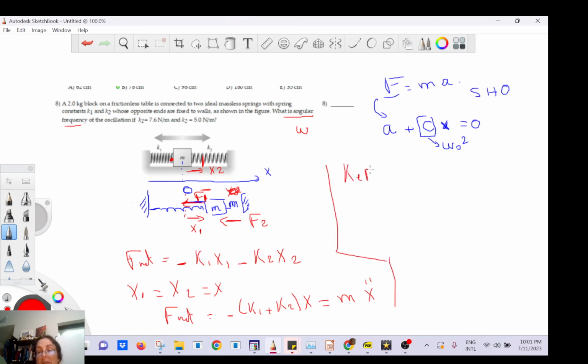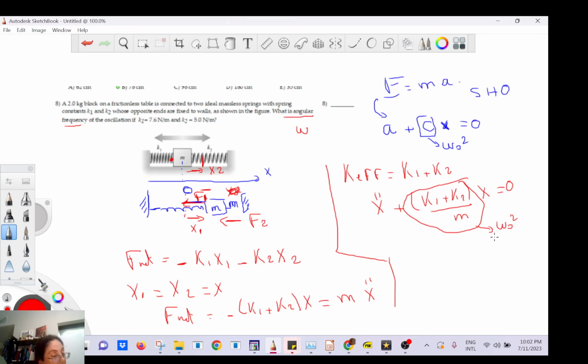Or you can say x double dot, the acceleration, plus (K1 plus K2) over the mass times x equals 0. So that's going to be your omega sub 0 squared. And so that's going to be 7.6 plus 5 divided by 2, you plug it in, and then you take the square root and you find 2.5 rad per second.